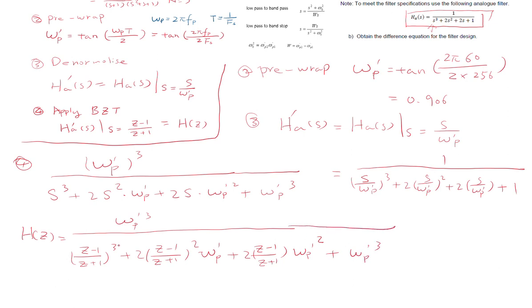So you're gonna clear the terms, move this upside down. There are a lot of calculations that need to be done. Then you can start to write the difference equation for that, because H z equals Y z over X z, that's the transfer function, right?